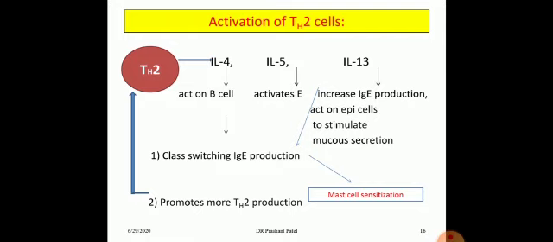It induces class switching and production of IgE antibodies, and it promotes more type 2 helper cell production, and this cycle goes on. Interleukin 5 activates the eosinophils, and interleukin 13 increases IgE production by class switching. It also acts on epithelial cells to stimulate more mucus secretion.